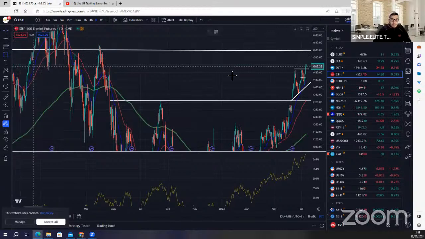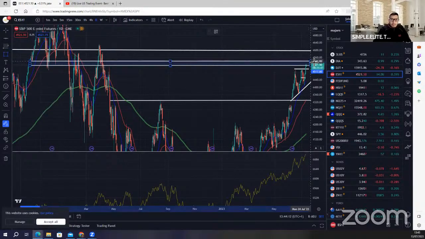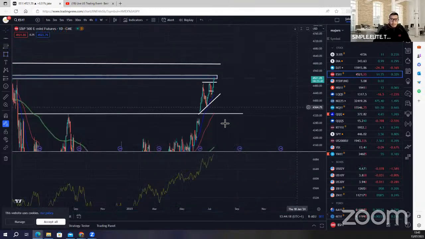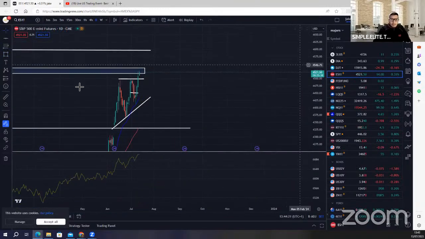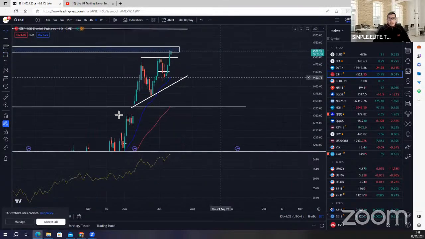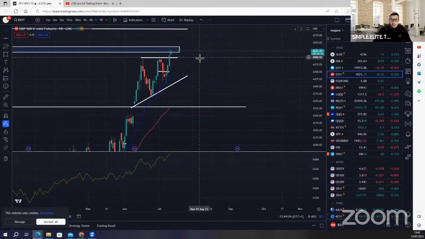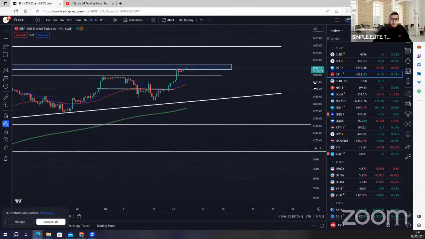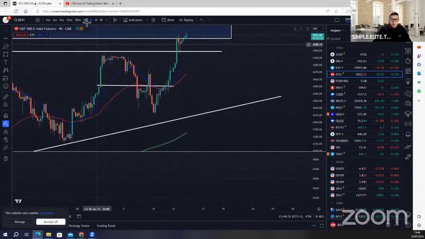As you can see, before there was some interaction. But it is still on the upside, because after this break, this 4,550, I'm still remaining bullish, but just watching the price action.